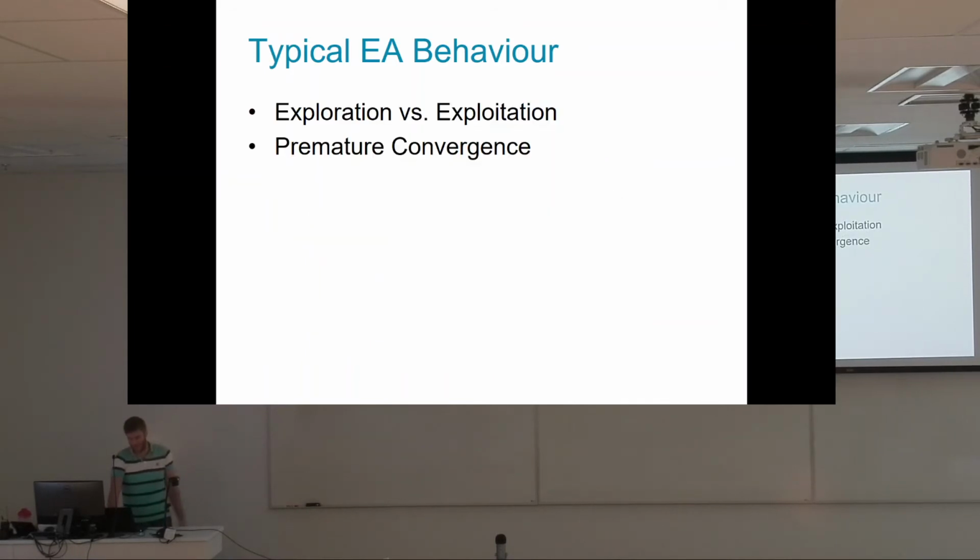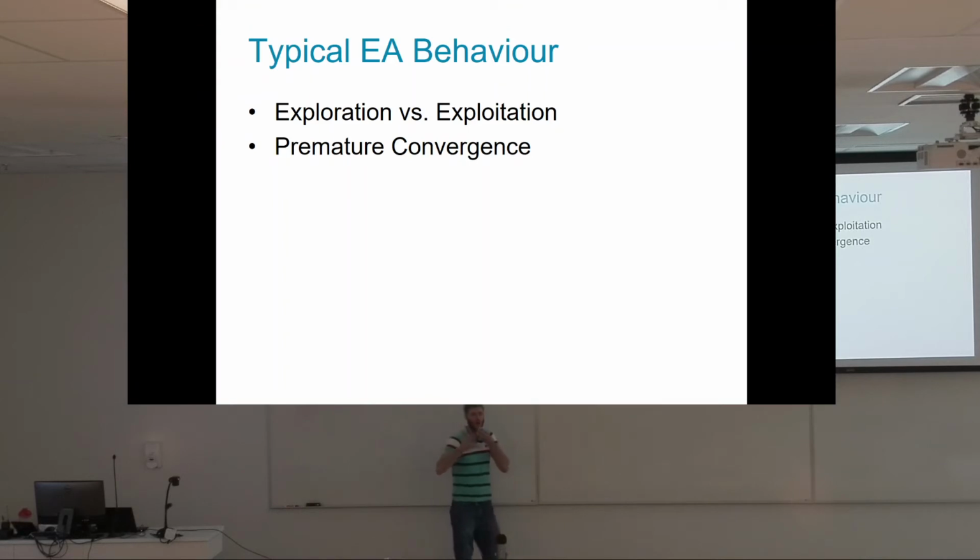Here's a 3D version, whatever. Sometimes you'll hear things like exploration versus exploitation. This is not as well defined as some people seem to suggest. The main takeaway is there are certain aspects of the algorithm that are very exploring of the space.